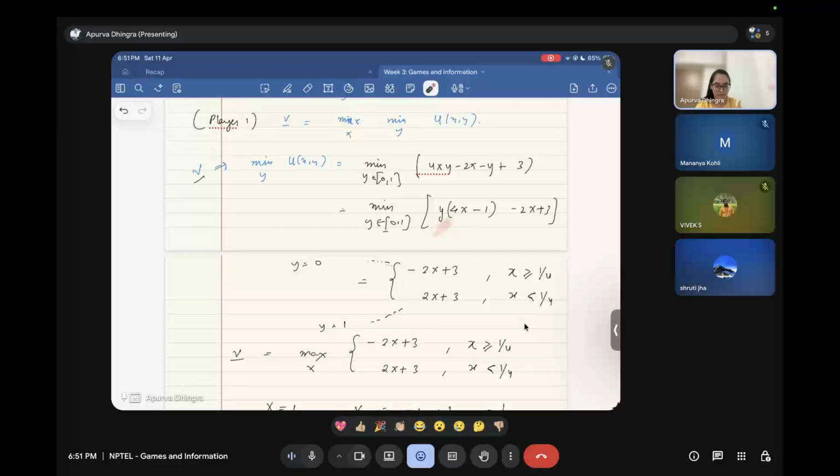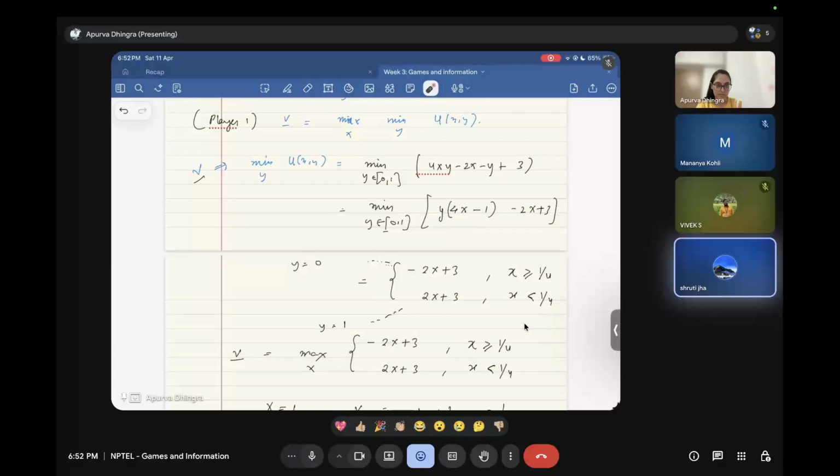Wouldn't you prefer y is 0? If x is greater than or equal to 1/4, this is a higher value and we want to minimize it, so we prefer y is 0, which means this is gone and all you're left with is this term.